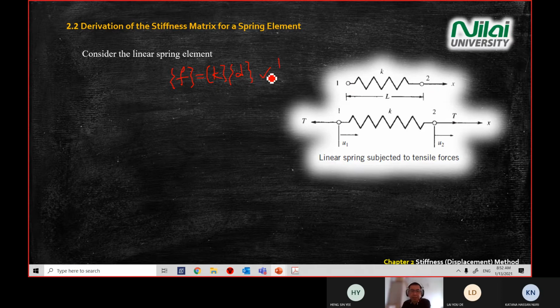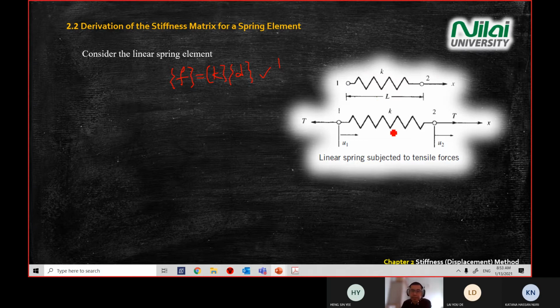For example, if you see this system and write this, you get 1 mark. And this system is moving in the x direction at point number 2. The spring also has a stiffness matrix, and the distance between point 1 and point 2, or node 1 and node 2, is given by L.